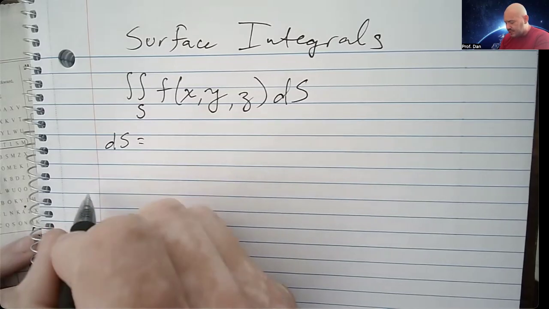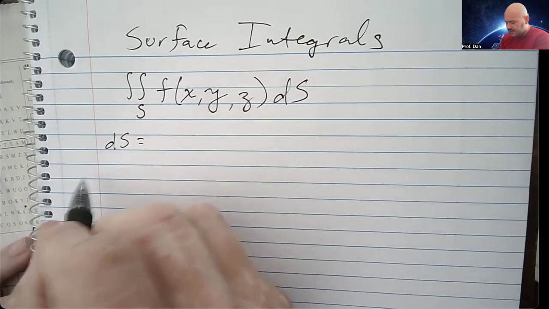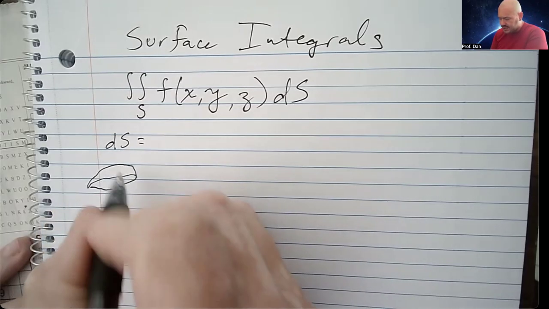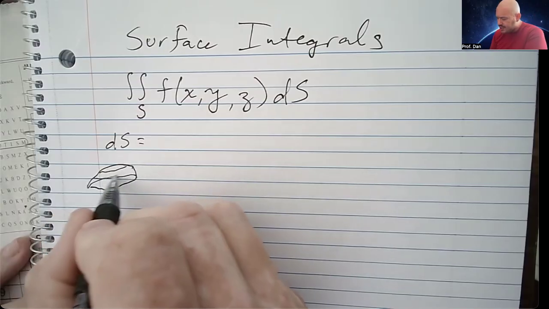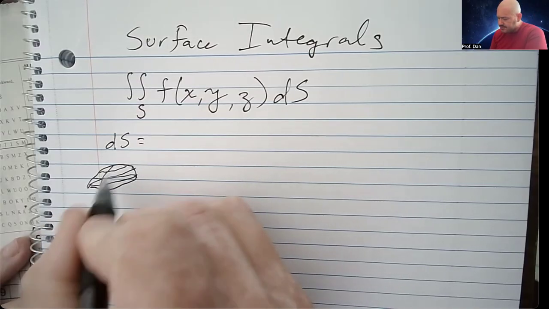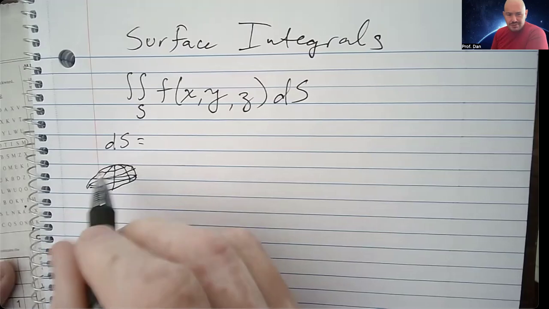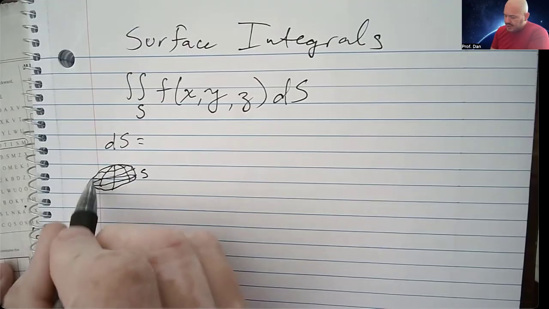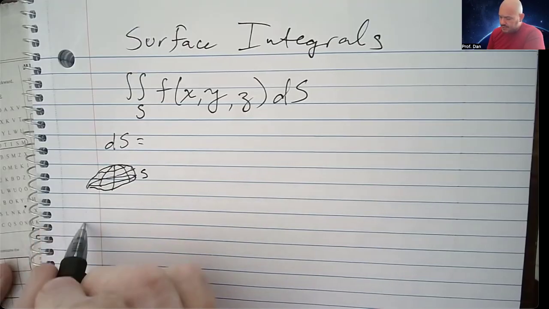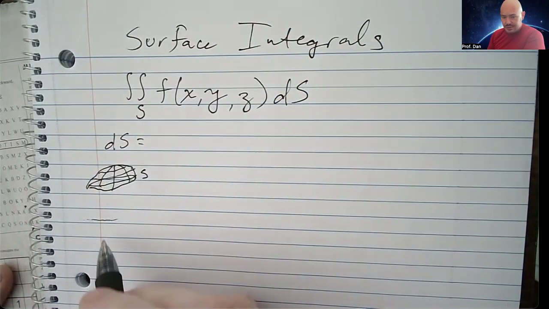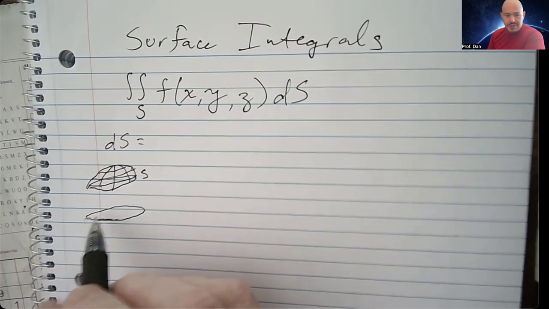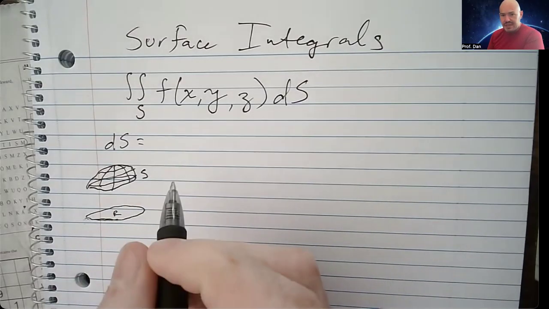So if I have a three-dimensional surface, something that has a base and some height to it, this could be S. If I were to shine a light directly on top of that surface, I would get a picture on the ground of this region R that serves as a base.